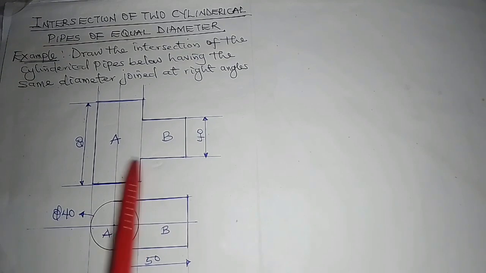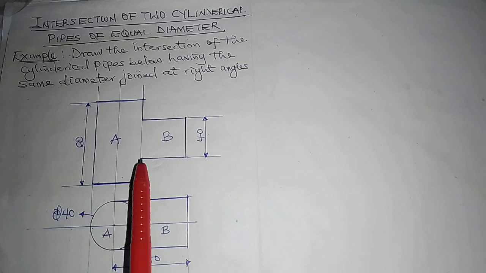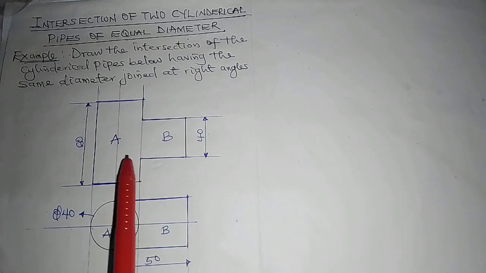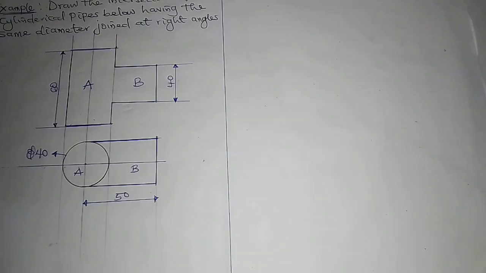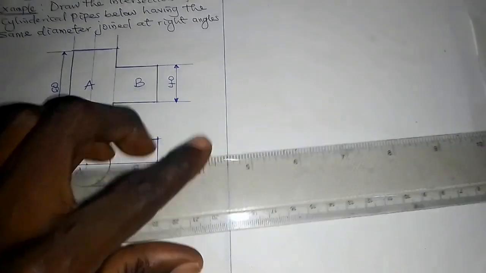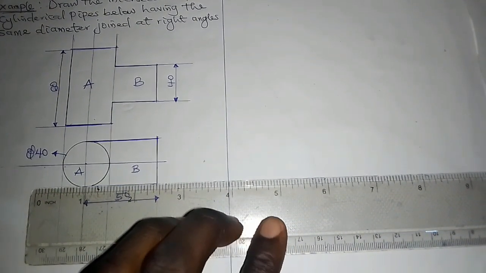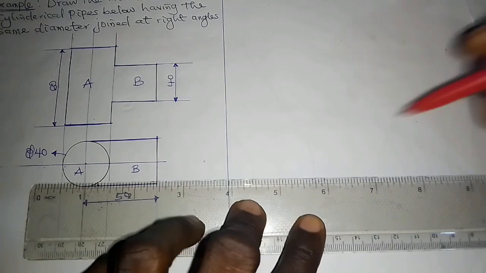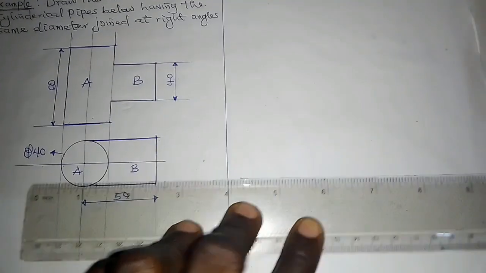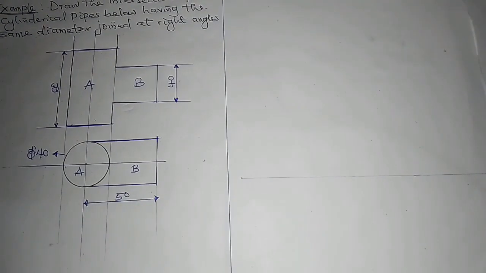So we are going to be drawing this now, and we are going to see how the curve of intersection will look. I'm going to start by drawing my baseline. Draw this baseline this way, then pick a point.